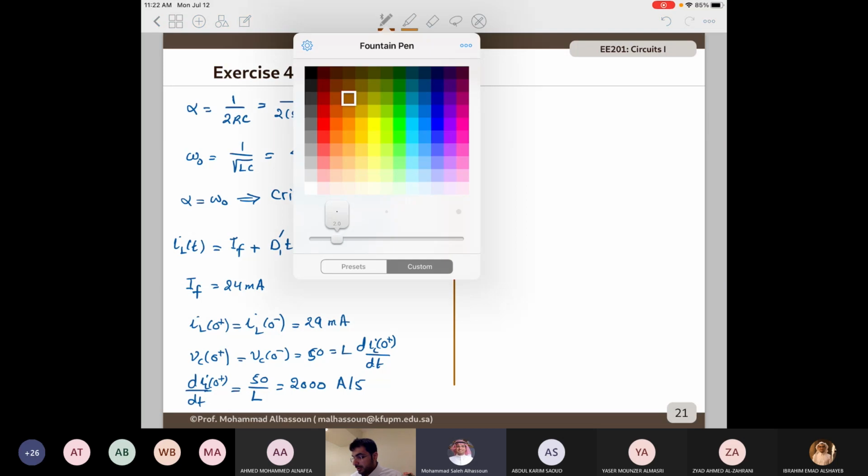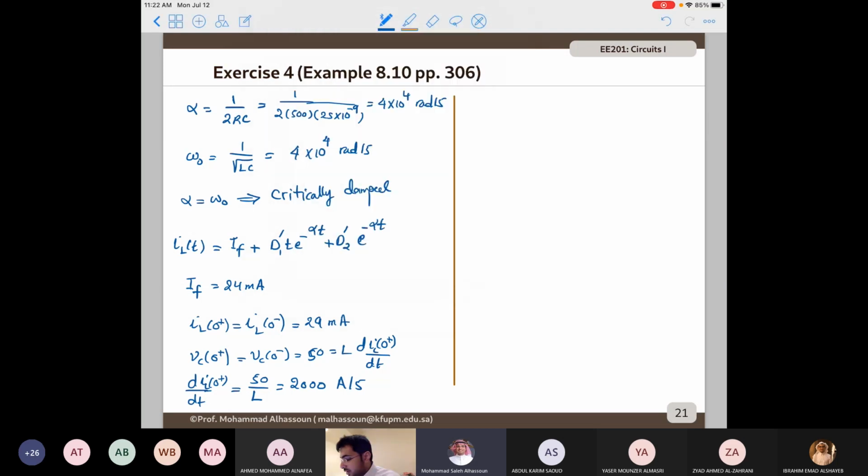So now I can go ahead and substitute. So IL prime, so we can clearly see that D2 prime is 5 milliampere.